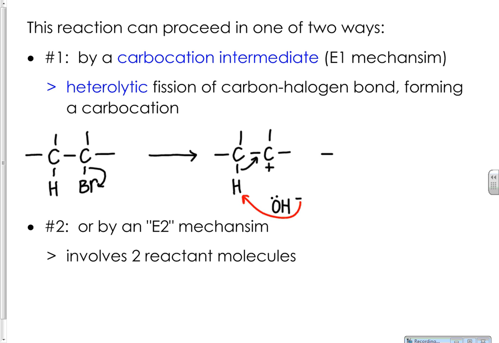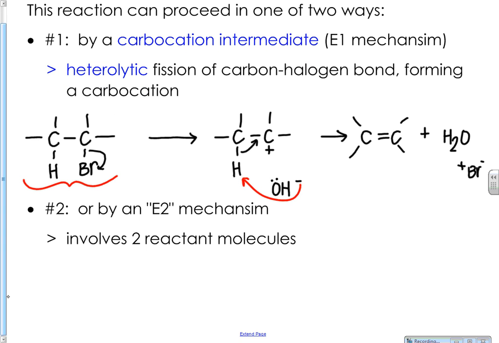And then our very next step, what we have formed is our double bond and our water, because the electrons from the hydroxide went to the H, which had left by giving its electrons to the double bond, and then we get that Br minus. Okay, so that's one of the ways. Now it's called E1 because there's one starting molecule here.